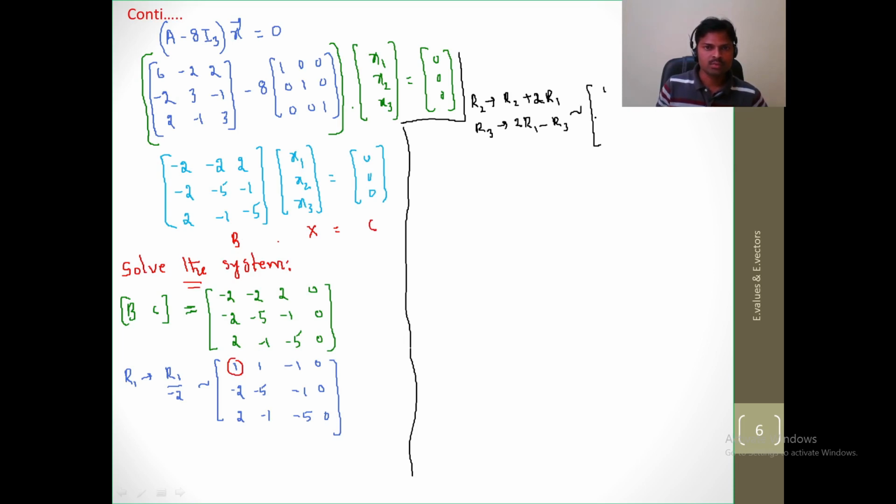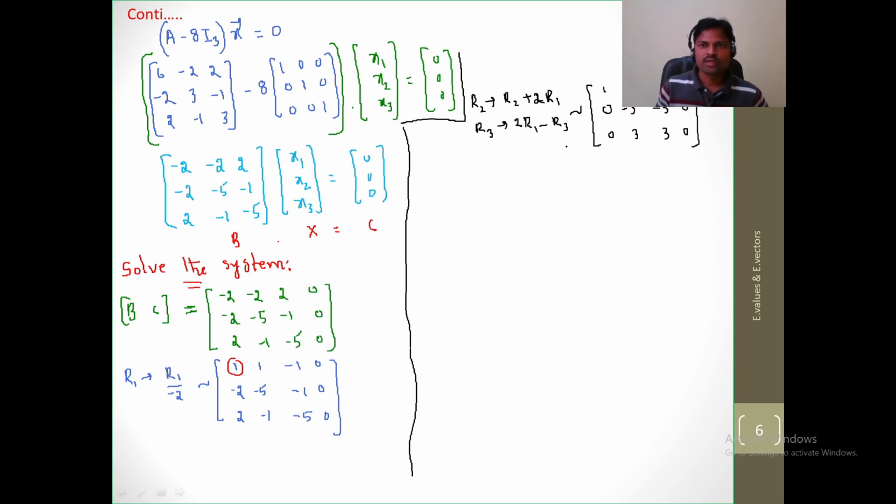The second row, R2 plus 2 times R1, gives 0, minus 3, minus 3, and 0. Next, 2 times R1 minus R3 gives 0, 3, 3, and 0.